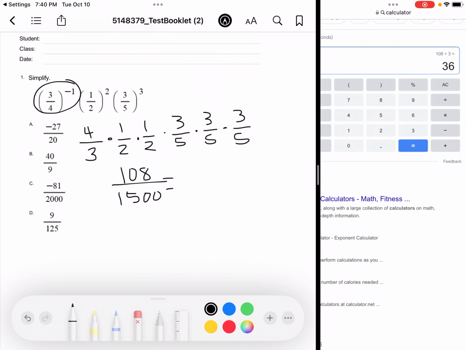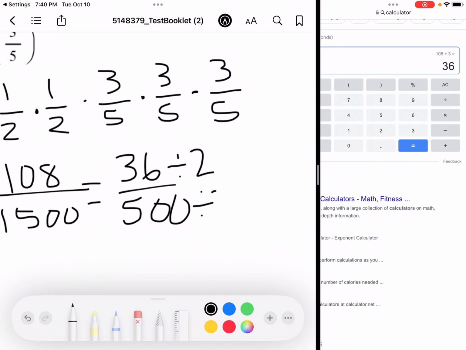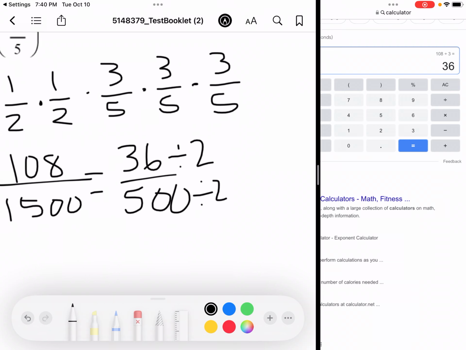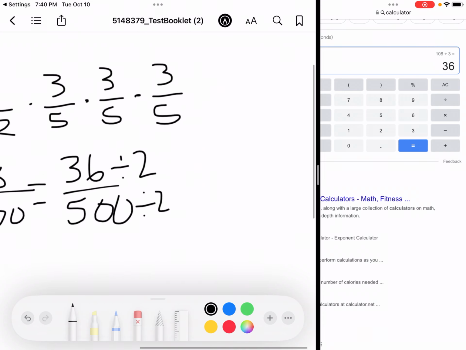And I get 36 over 500. I'm going to divide by 2. Well, and I'm going to get 18 and 250.